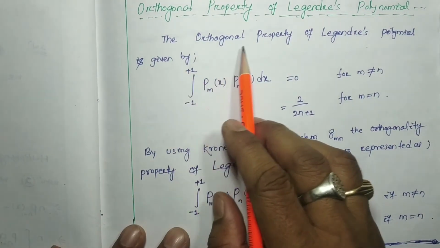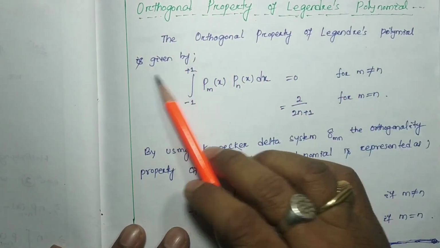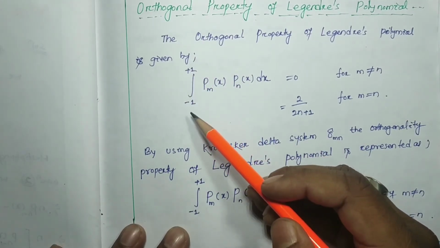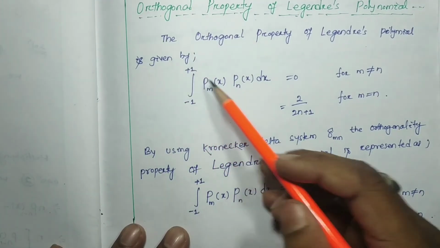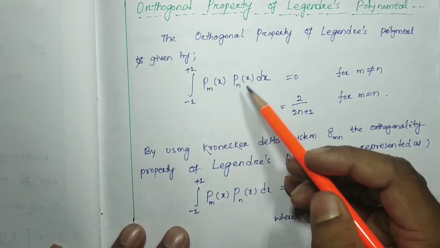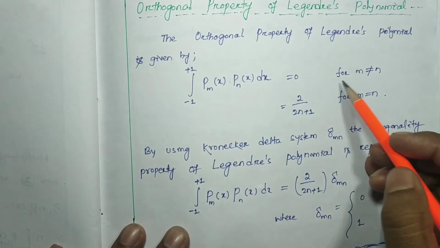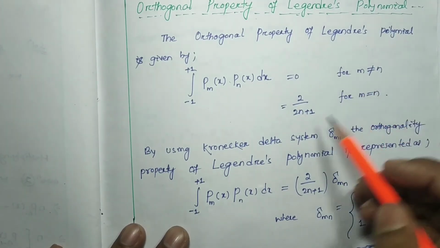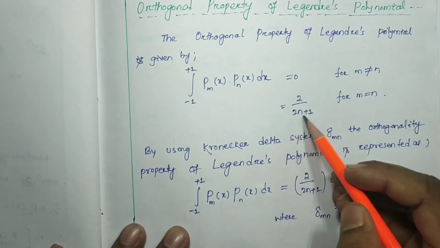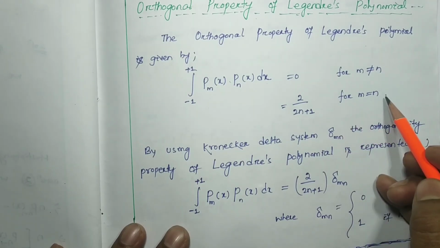The orthogonal property of Legendre's polynomial is given by the integration from -1 to +1 of Pm(x) into Pn(x) dx, equal to 0 for m not equal to n and equal to 2 by (2n plus 1) for m equal to n.